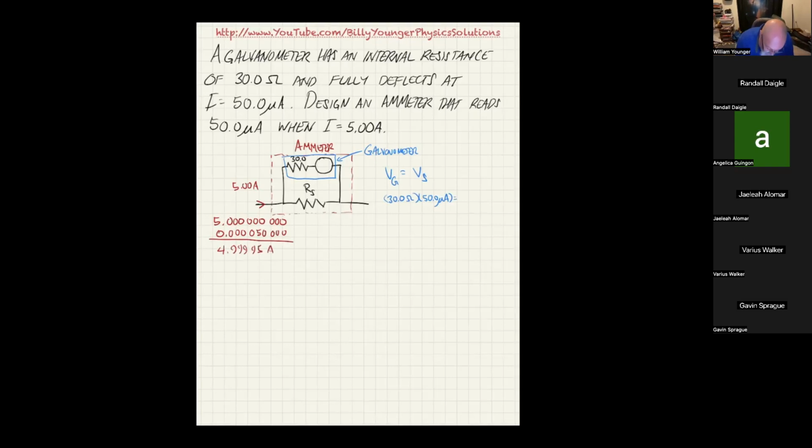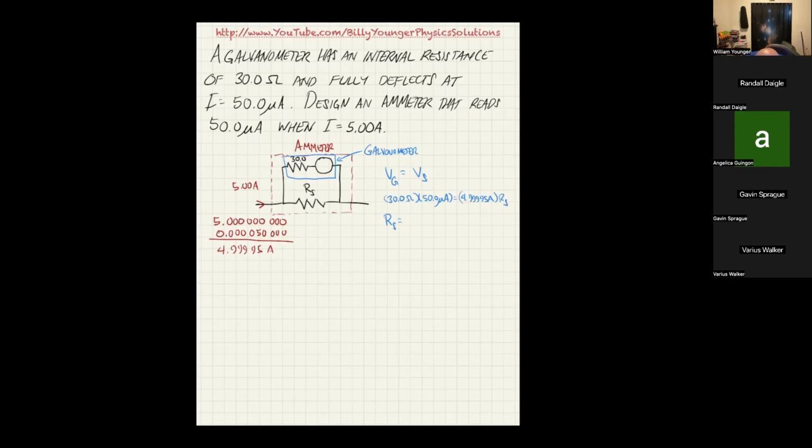So I need 4.99995 amps times R shunt. That allows me to say that R shunt is going to be 30 times 50 e to the negative 6, and now I'm going to divide that by 4.99995.